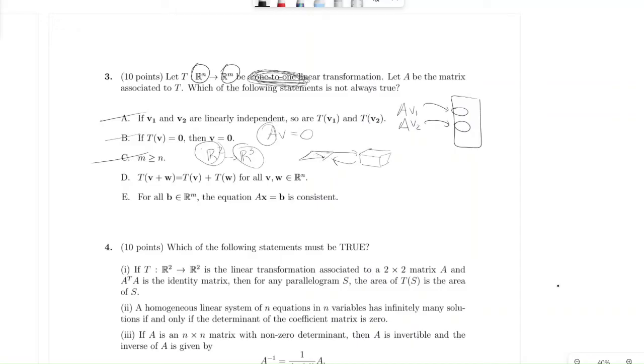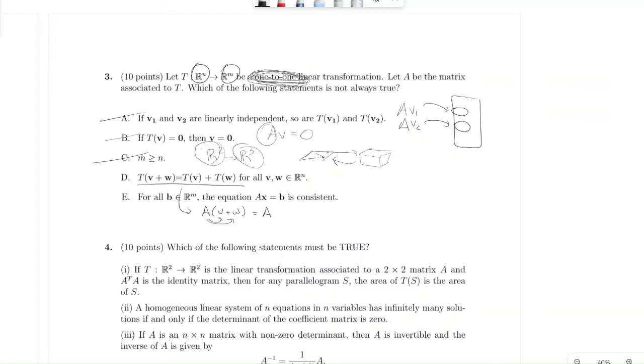So T of v plus w is equal to T of v plus T of w. So this is simply a linearity property, right? Because this is a linear transformation. So since the transformation is essentially A times v plus w, we're just multiplying this out, right?